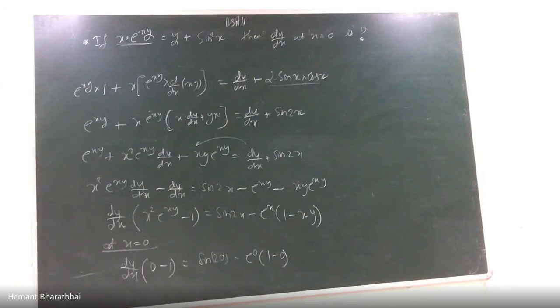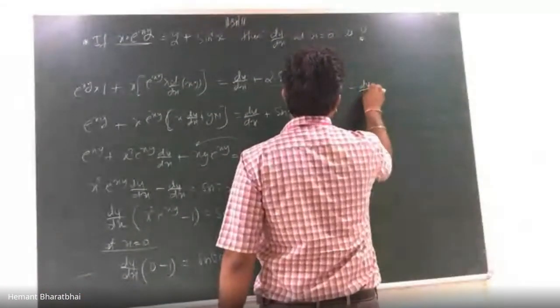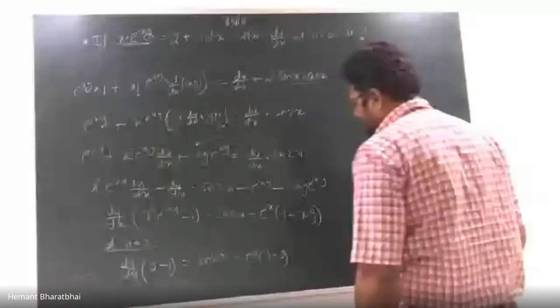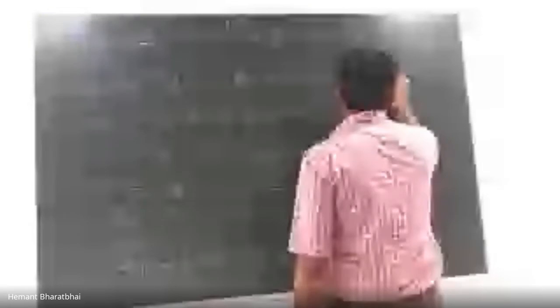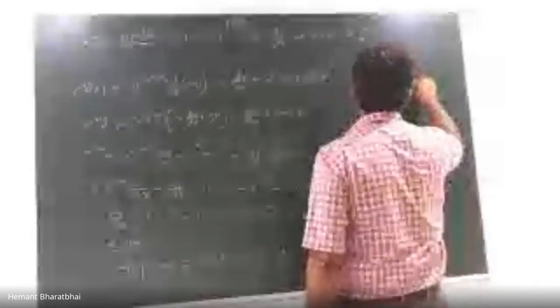So 0 minus 1 is minus 1. So I'll get minus dy by dx is equal to sine of 0 is 0, this is 0 minus e raised to 0 is 1 and 1 minus 0. So I'll get minus dy by dx is equal to minus 1. That is dy by dx is equal to 1.